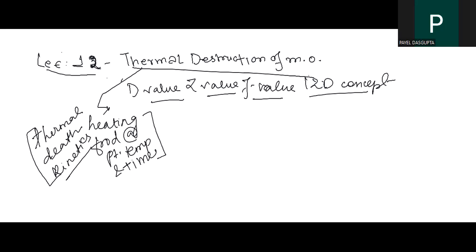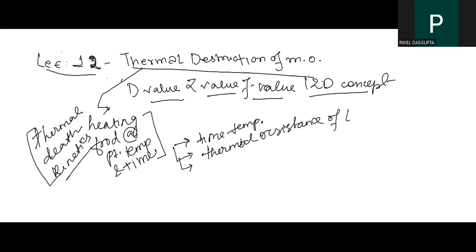So basically this thermal death kinetics depends on three factors: the time-temperature relationship, the thermal resistance of the targeted microorganism, and the concentration of the microorganism.